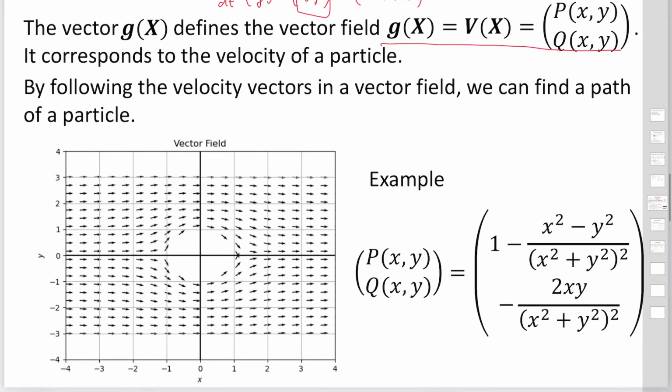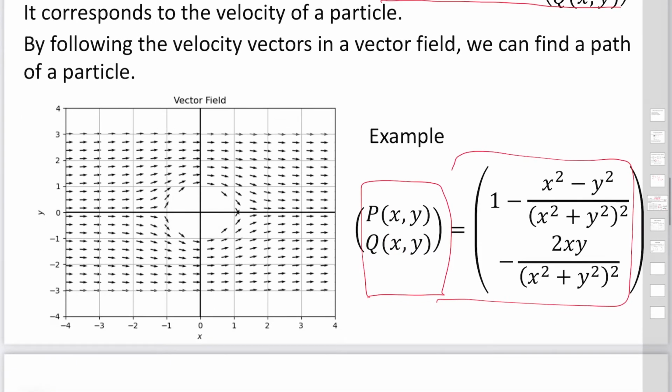We draw short arrows directed along the vector determined by the capital P and capital Q. For example, we have this vector quantity. Then we draw short arrows starting at the x and y points in this vector field. The horizontal axis is the x axis and the vertical axis is the y axis.